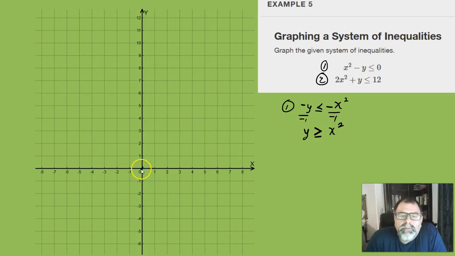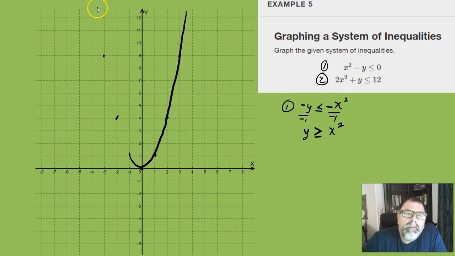Well, that's our basic toolkit function: (0, 0), (1, 1), (2, 4), (3, 9). Then a mirror image on the other side, and we draw the parabola. If we went to 4, it'd be 16, so it's going up like that.